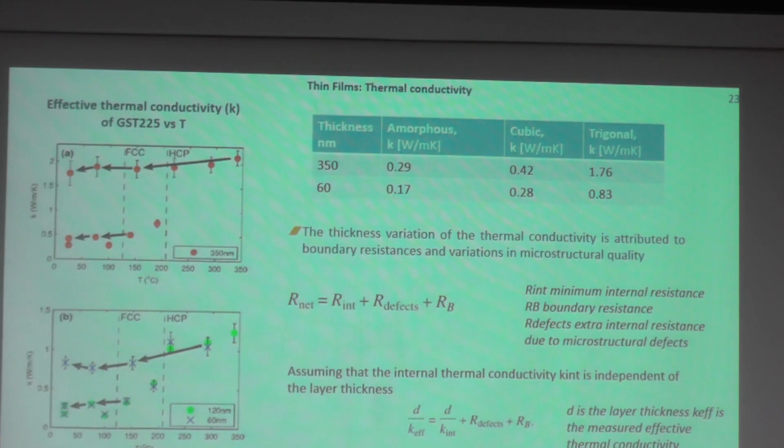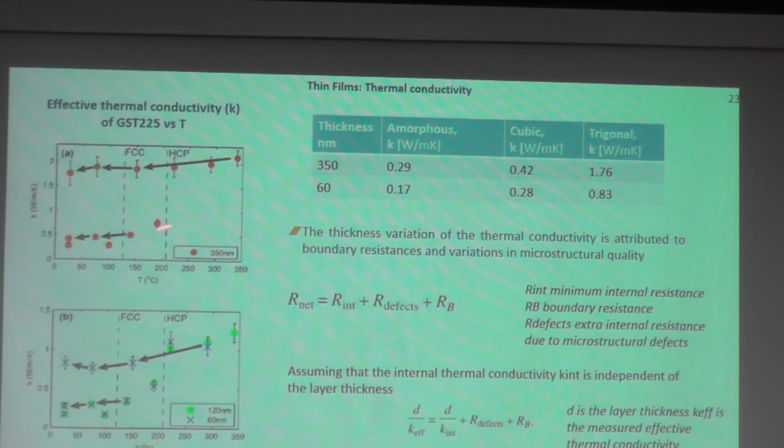So now also some effects of thin film thickness on the thermal conductivity, because it's very important for the thermoelectric applications. And here we see the thick films, and this is the thermal conductivity of the cubic and trigonal phase.